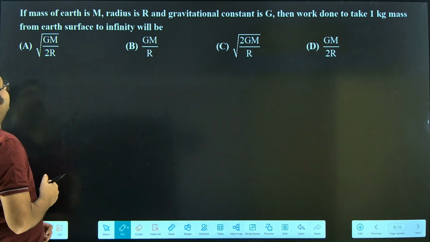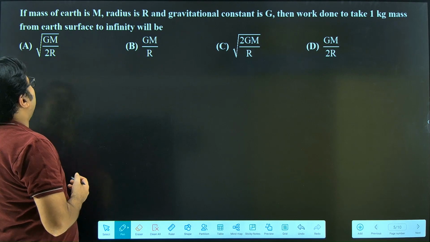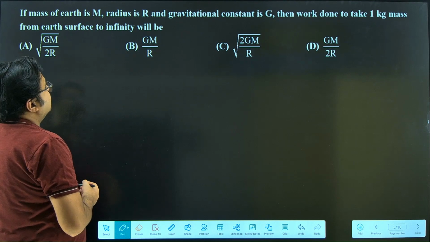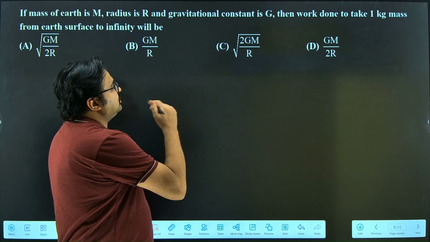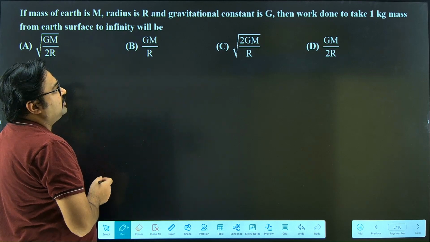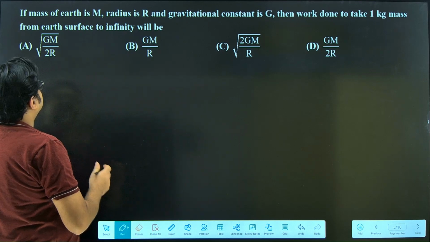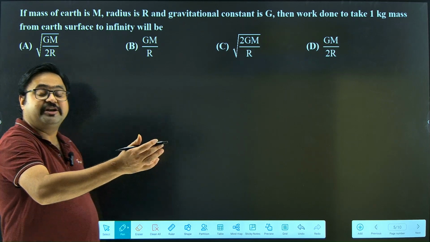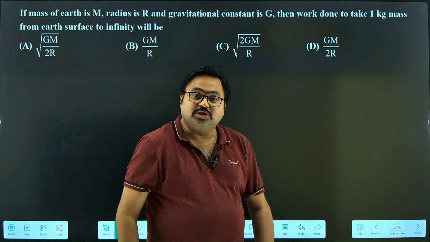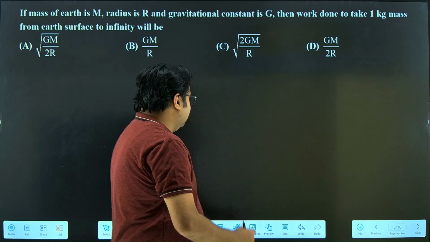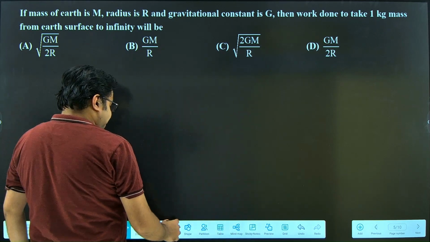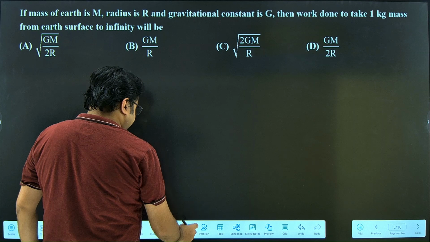If the mass of the earth is capital M, the radius is r, and the gravitational constant is G, then the work done to take 1 kg mass from the surface of the earth to infinity would be. Now that's the question to you. So here we have, let's say, the earth.